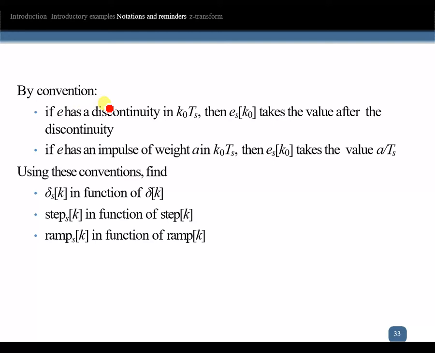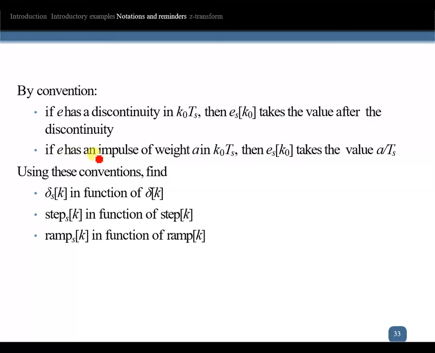By convention, if e has a discontinuity at k0Ts, then e sampled at k0 takes the value after the discontinuity.